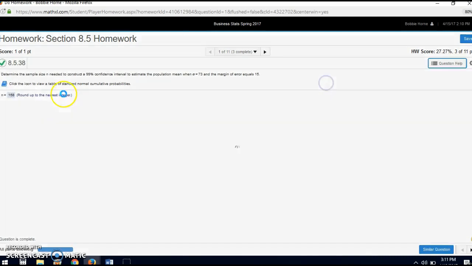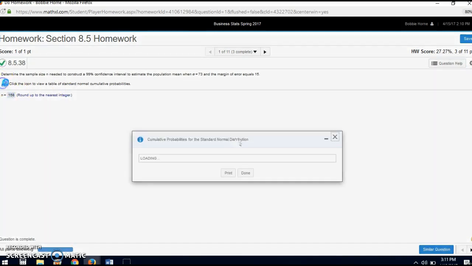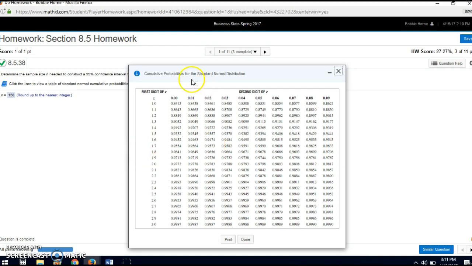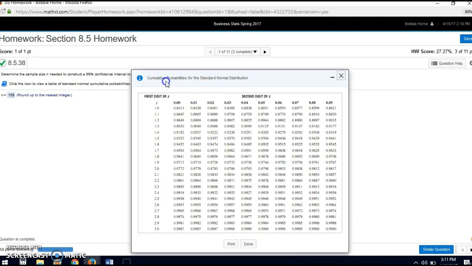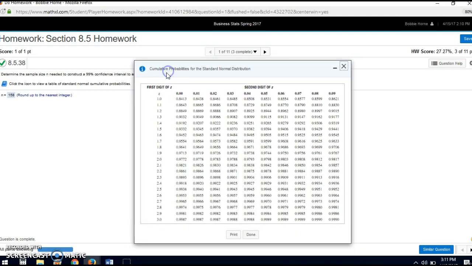So how do we get this z value? What you do is first of all, you're thinking you would use this and get the area here. It's kind of confusing, but we're working backwards.